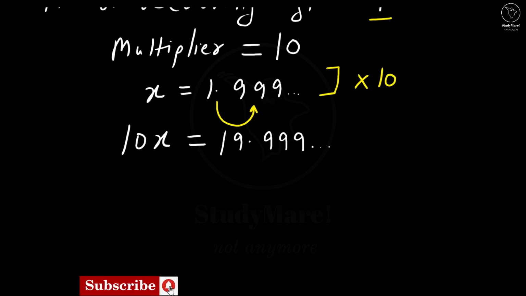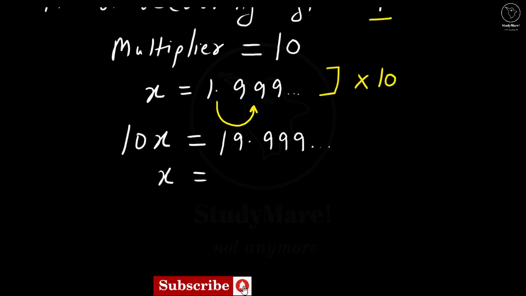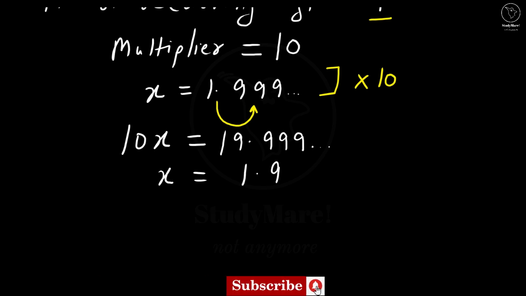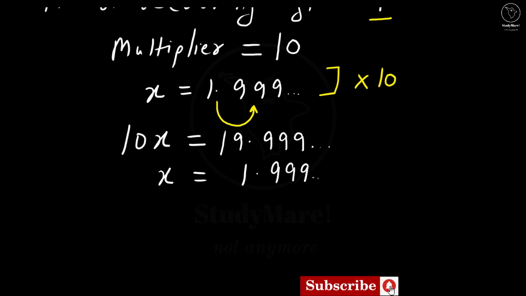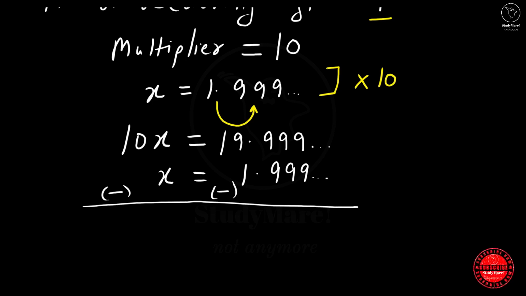Our original equation was x is equal to 1.999 and so on. Now subtract these two, so we get 10x minus x as 9x, which is equal to 9 minus 9 is 0, 9 minus 9 is 0, 9 minus 9 is 0, and this will continue here also.